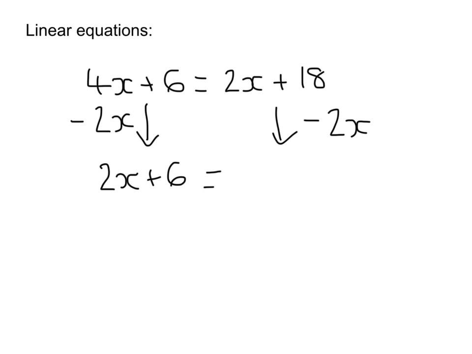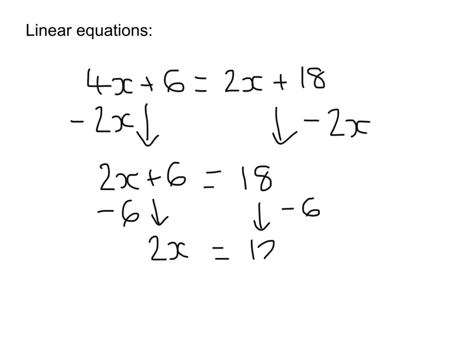And when I take 2x away from 2x plus 18, I'm left with 18. Now I'm left with a two-step linear equation, so again, my scaffolding. I take 6 away from both sides, which gives me 2x equals 12. And finally I divide by 2, which gives me x equals 6.